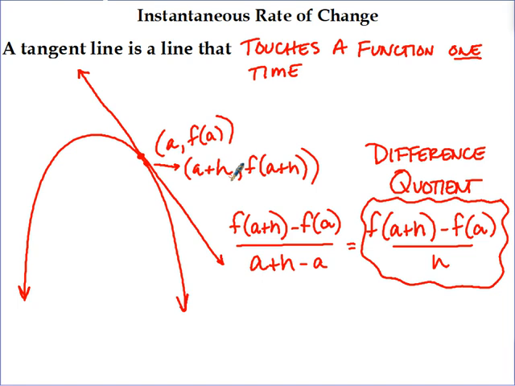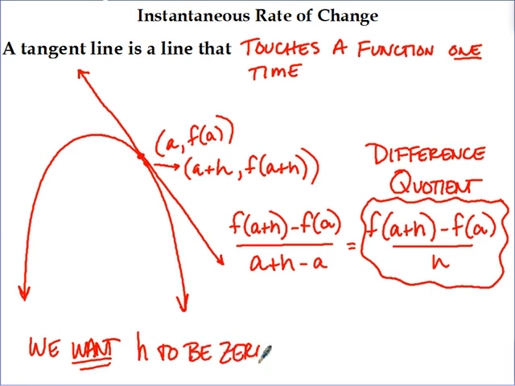But we don't want estimates anymore. We want the exact slope. So we want h to be 0. That's what we want. But again, if I would plug h being 0 into here, I'm going to get the indeterminate. I'm going to get f of a minus f of a all over 0, which is 0 over 0. That's not good enough.